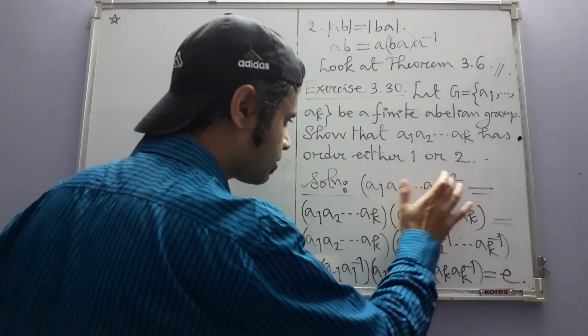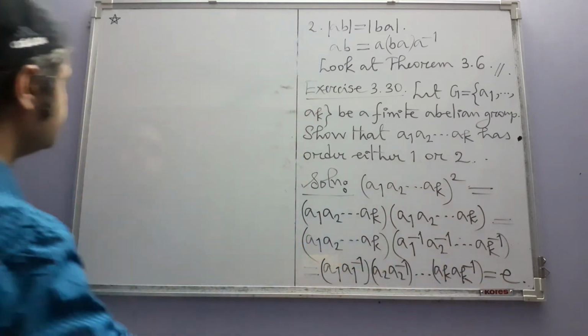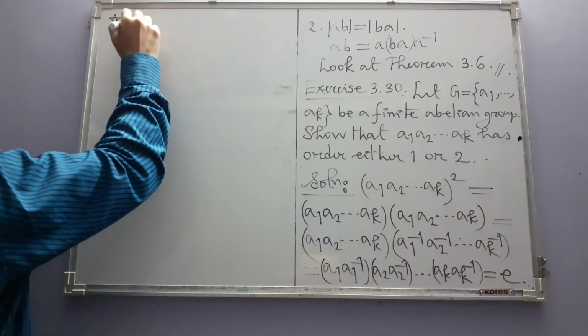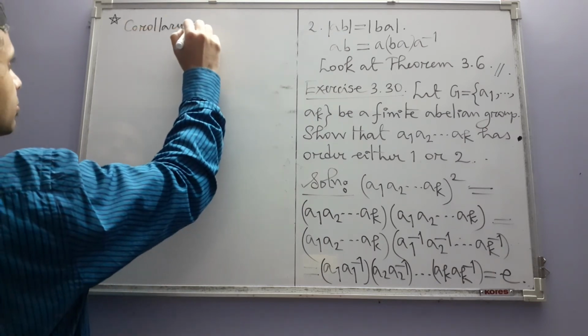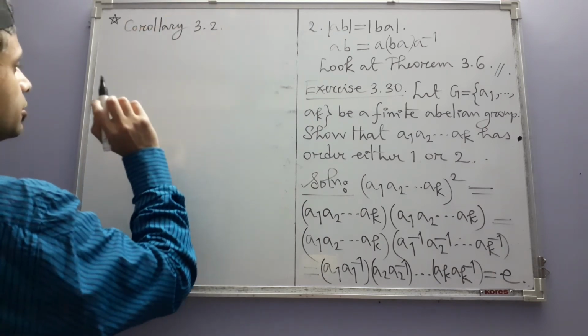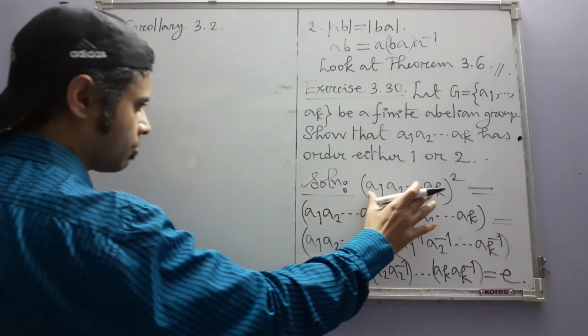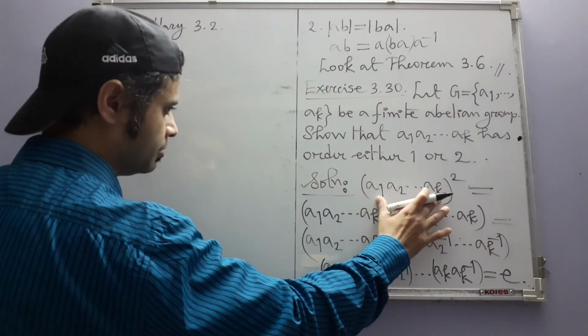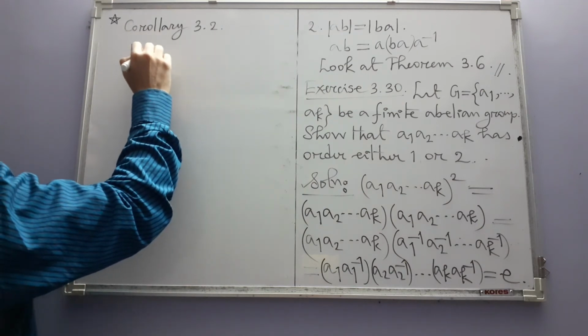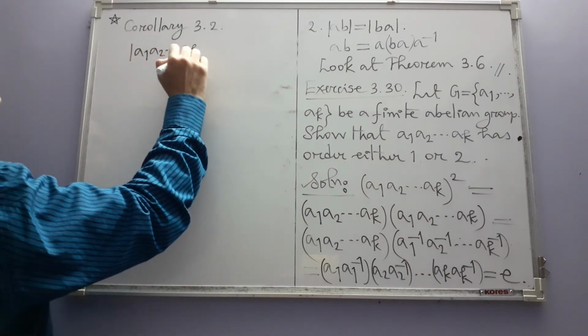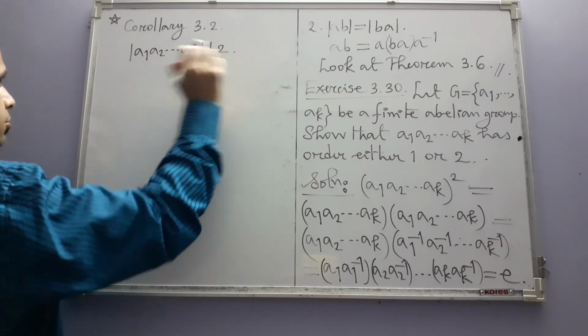Because the square of this element is identity, corollary 3(2) tells you what? That the order of this base element, that is this product, divides 2.